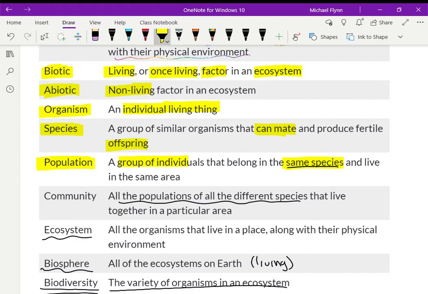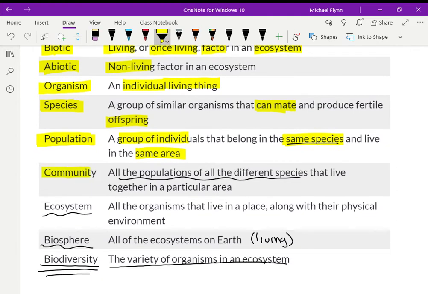There are populations of squirrels, skunks, raccoons and bears, etc. So a population is individuals together that form a group, and they live in the same area. So a population of Ottawa would be sort of an area here.